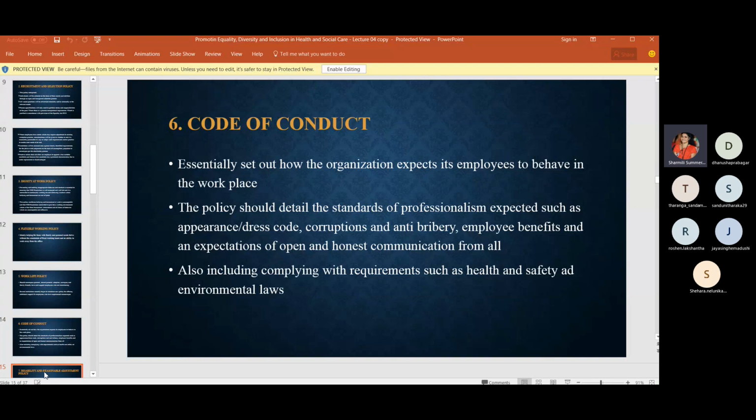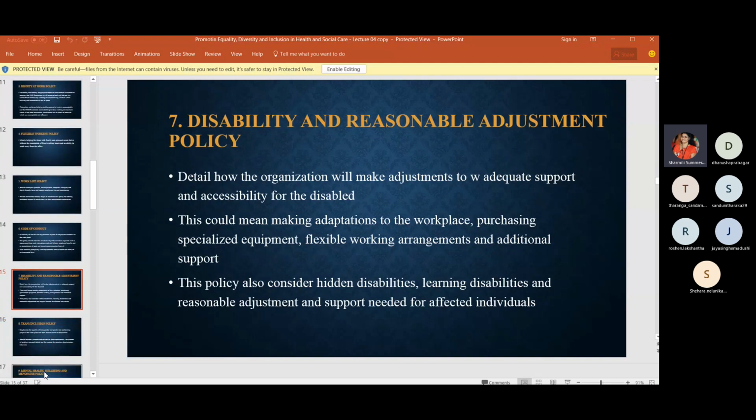And the next one is the disability or differently abled and reasonable adjustment policy. As I already told you, if a person has a disability, we can't neglect that person for a particular job.